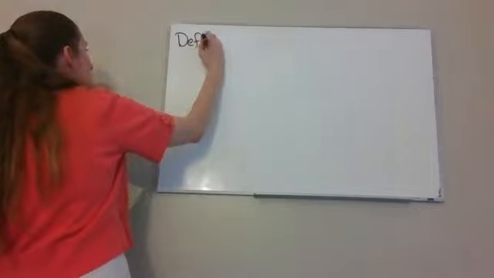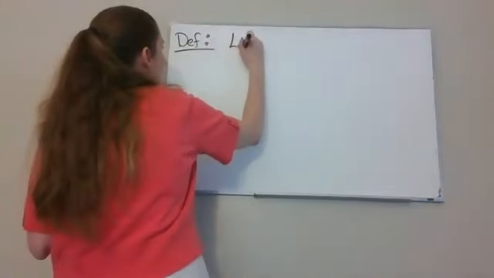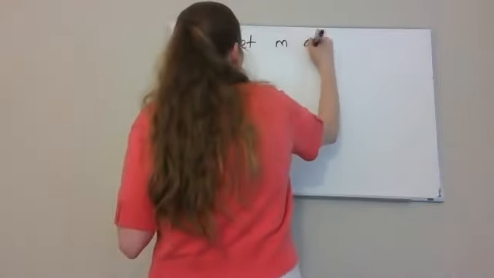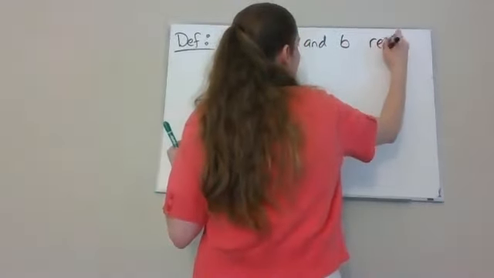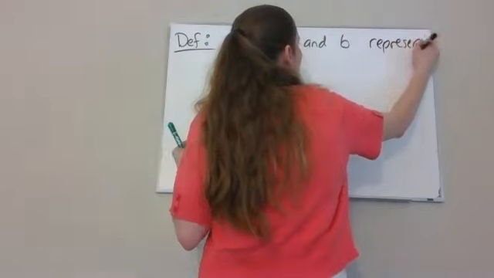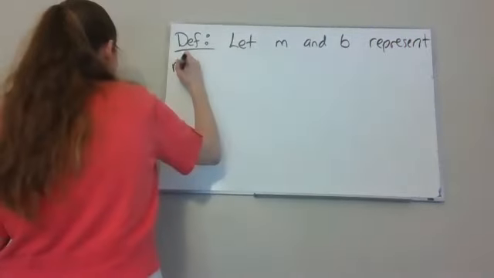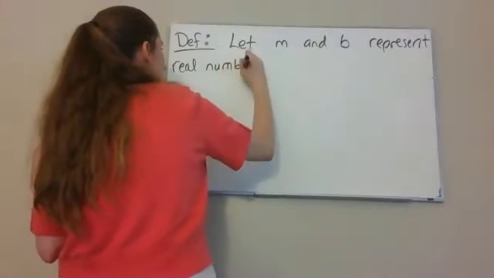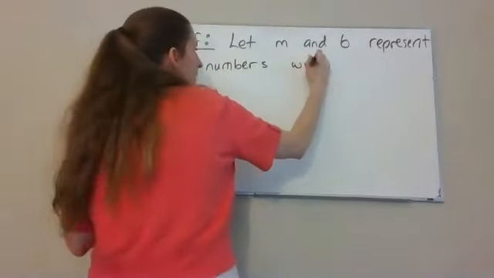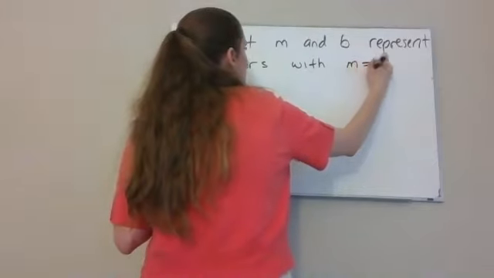So definition. Let m and b represent real numbers, with m not equal to 0.